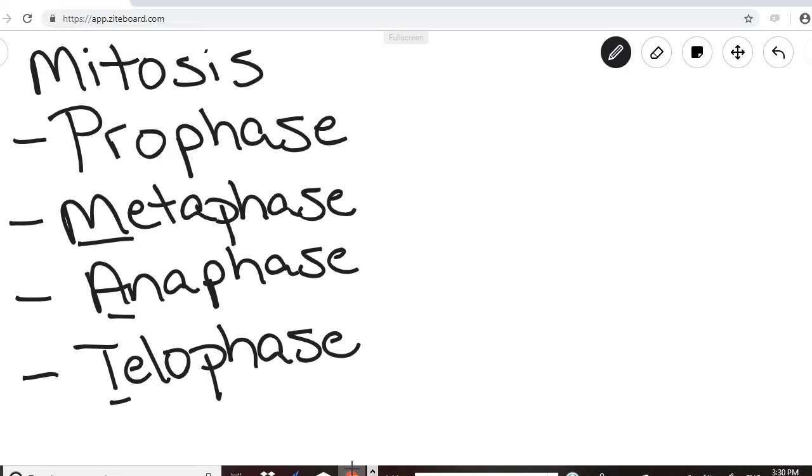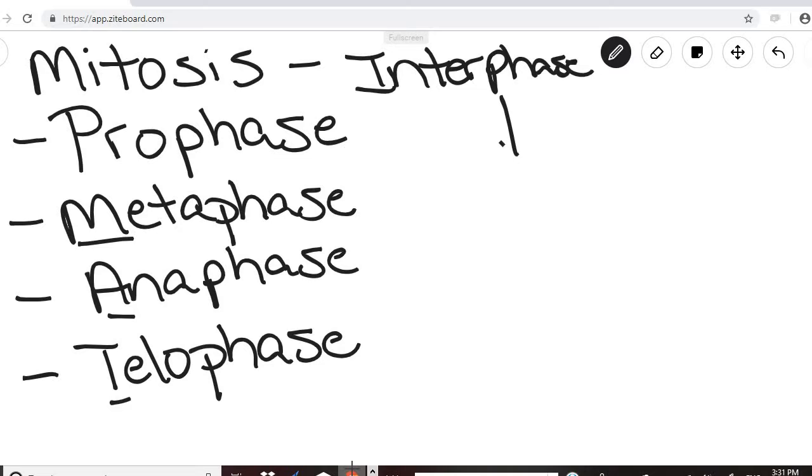In addition to these 4 phases, you also need to know that there is a phase called interphase. Interphase is where the cell spends most of its time.